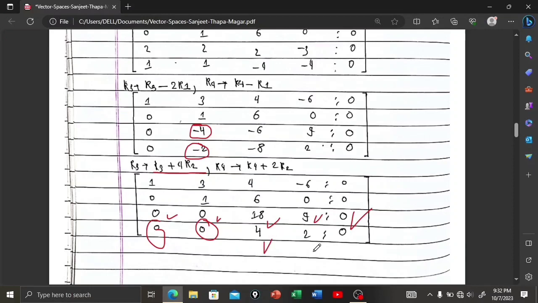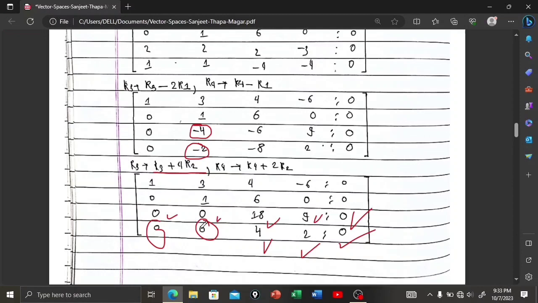Here R4 is 2 and R2 is 0, so it is 2. Here R4 is 0 and R2 is also 0, so it is also 0.